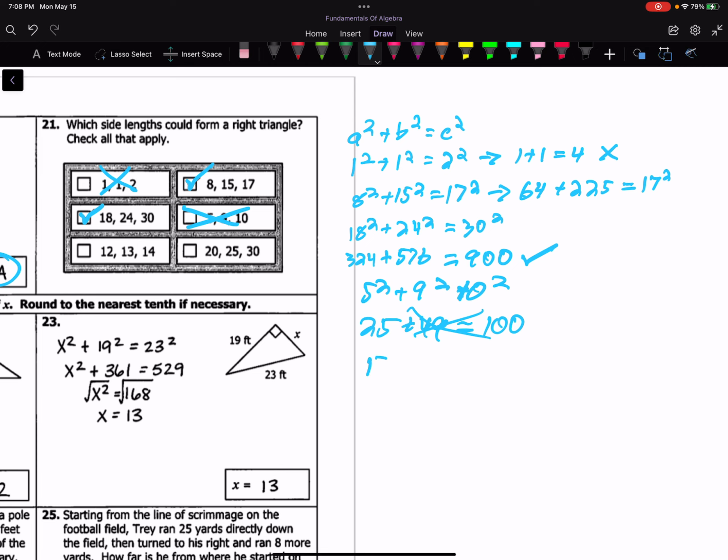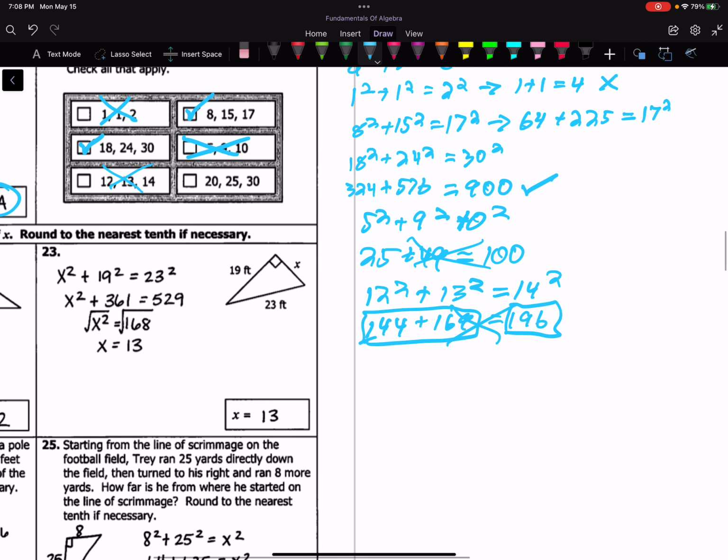How about 12, 13, and 14? 12 squared plus 13 squared equals 14 squared. 12 squared is 144, 13 squared is 169, and 14 squared, I don't know off the top of my head, is 196. Those two numbers added together are way over 200, so that's obviously not true.